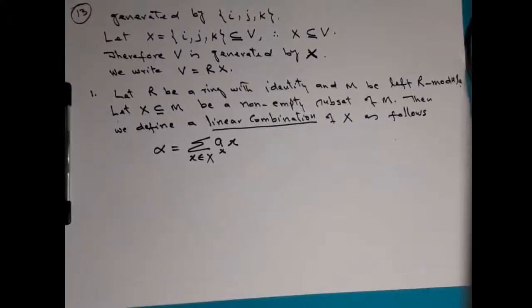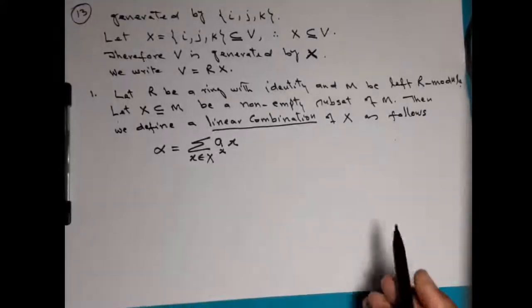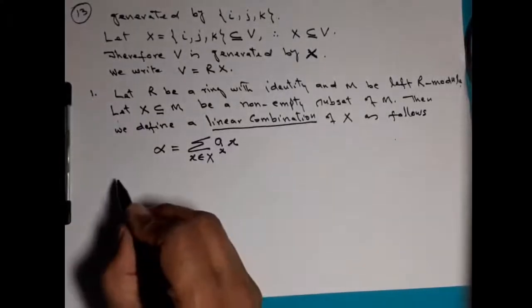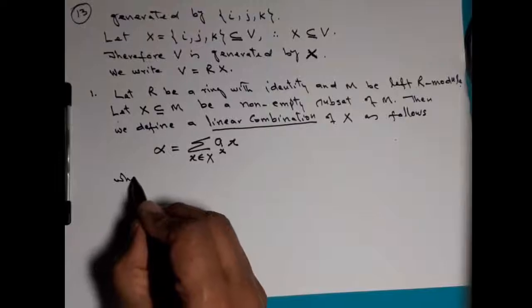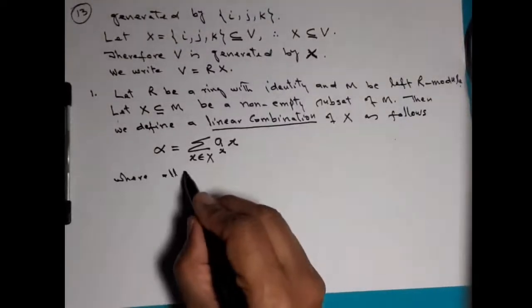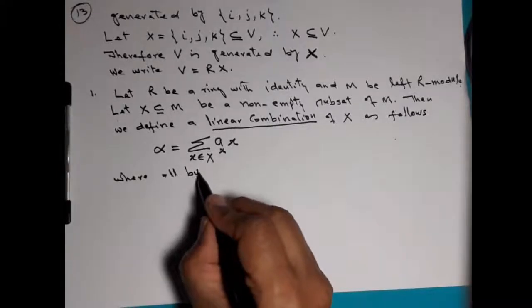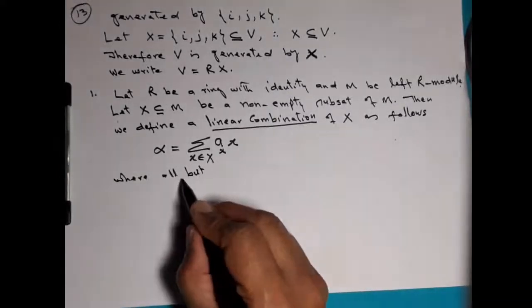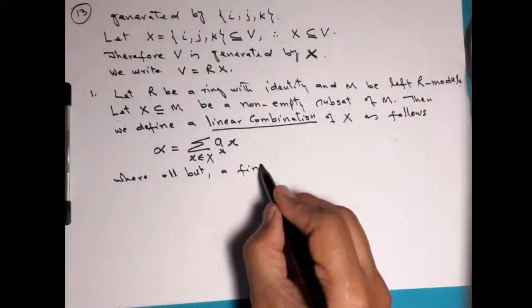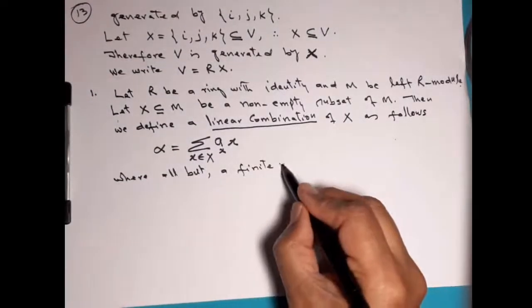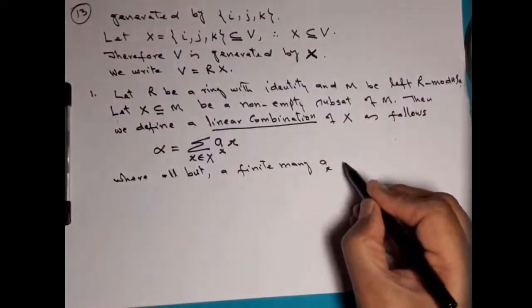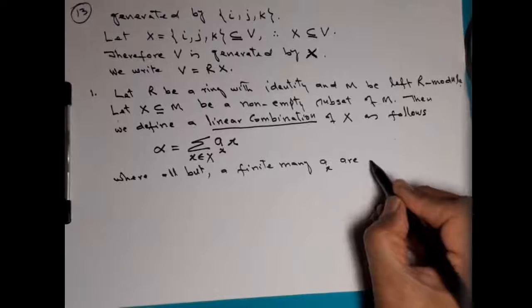So for that reason we put a condition on these scalars a_x, where all but finitely many a_x are 0.